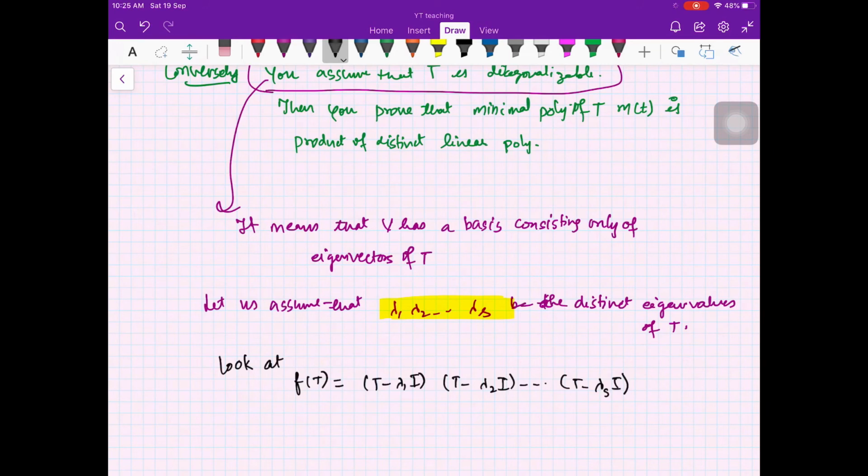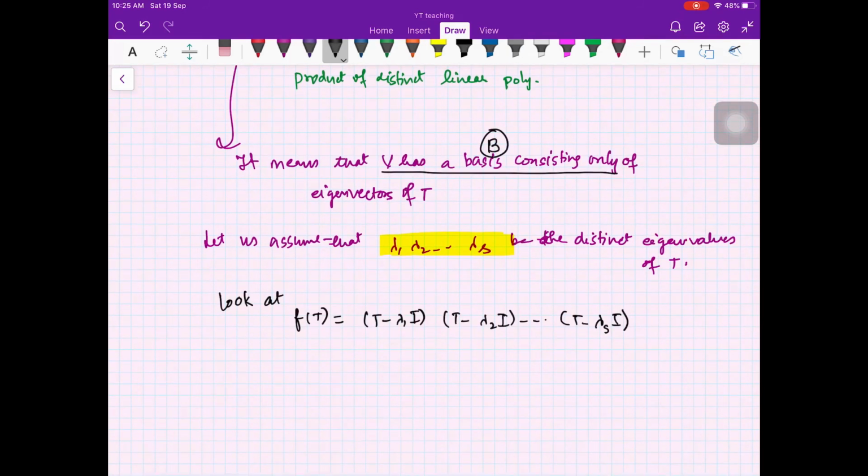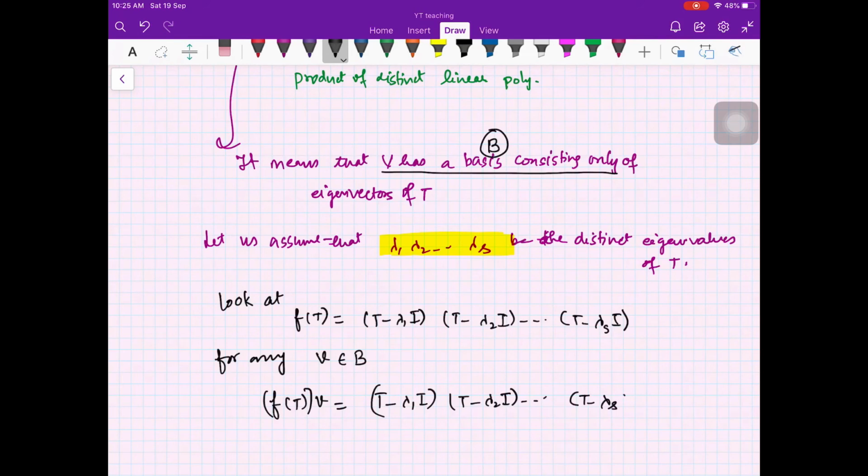So you see, V has a basis consisting only of eigenvectors. Call this basis B. Now, for any element v belonging to B, what does this operator do to v? It will be (T minus lambda 1 I)(T minus lambda 2 I) and so on, (T minus lambda s I) operating on v.